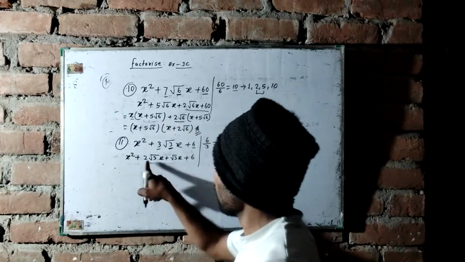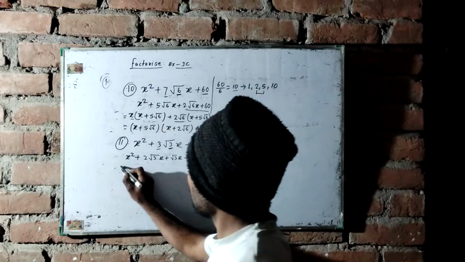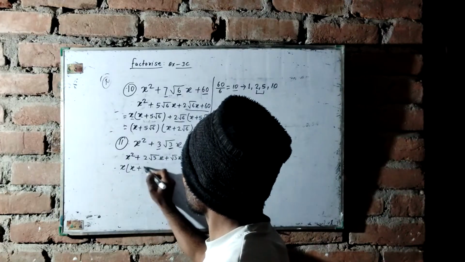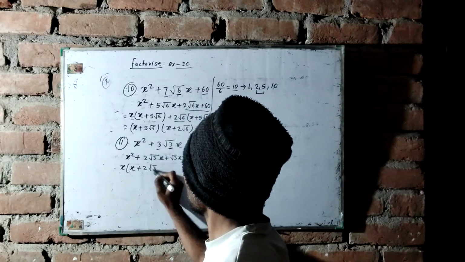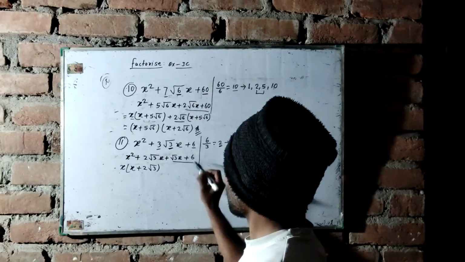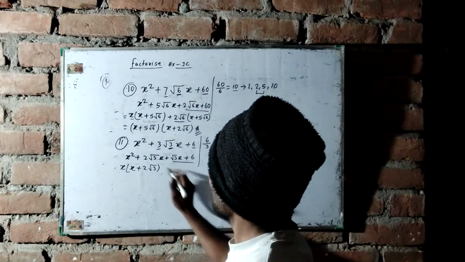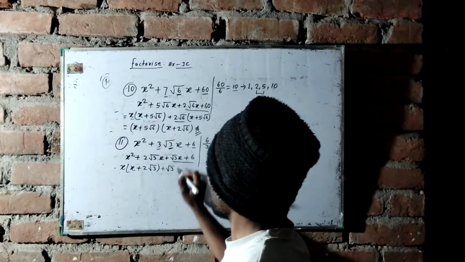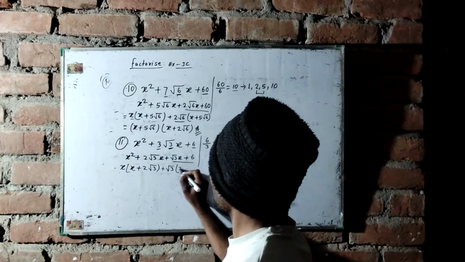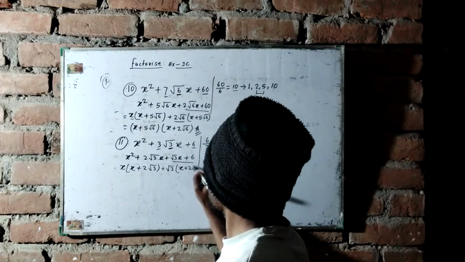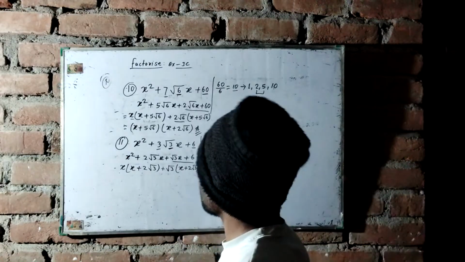So now we can take x as a common factor and we can write x plus 2 under root 3 as a multiple. Now we can take plus root 3 as a common factor and we can write x plus 2 root 3 as a multiple.